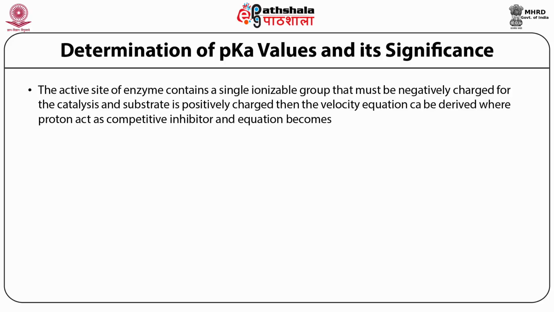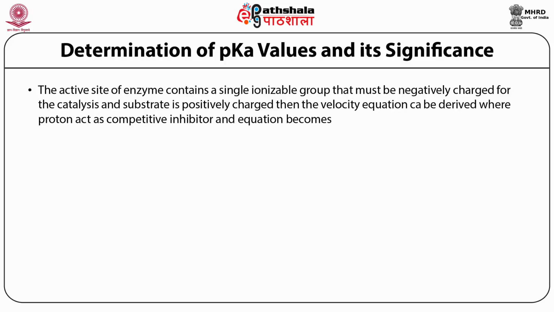Therefore, the ionizable group of the active site residue must be negatively charged for catalysis. In this situation, the proton that is altered during the pH change behaves like a competitive inhibitor, because the substrate has a positive charge, the proton has a positive charge, and the active site has a negative charge. So they will compete with the substrate for binding.